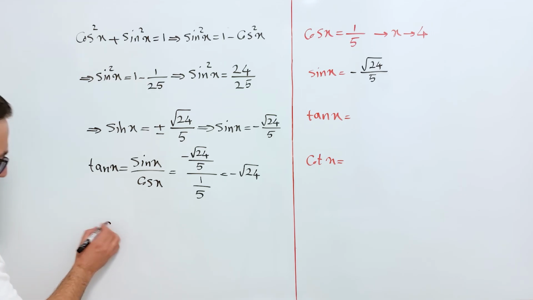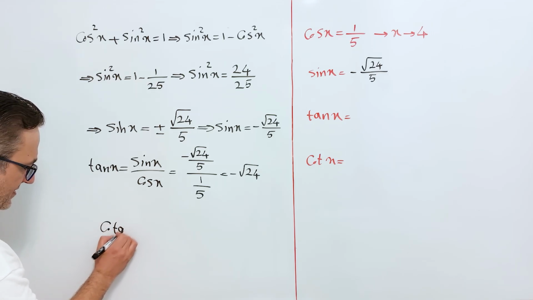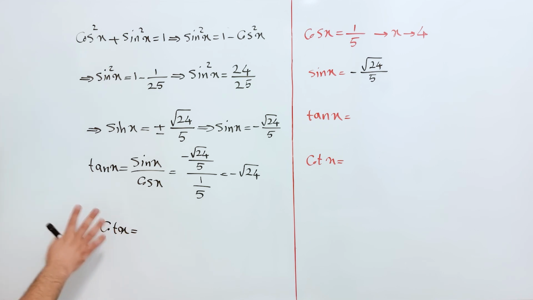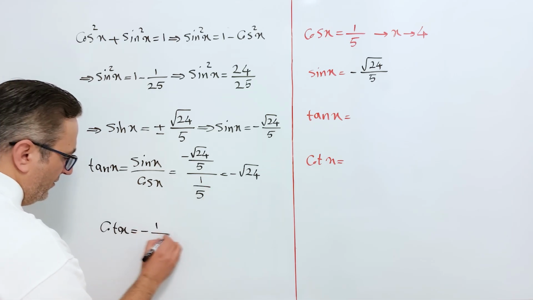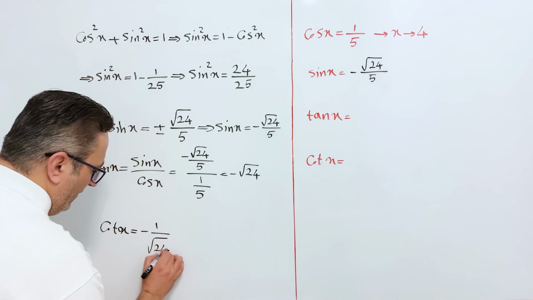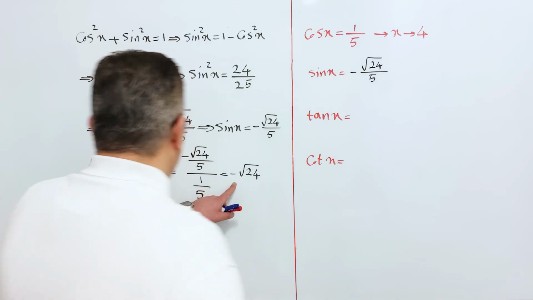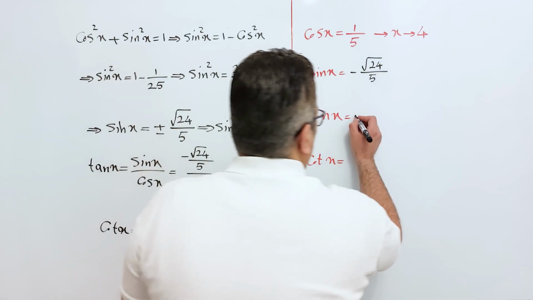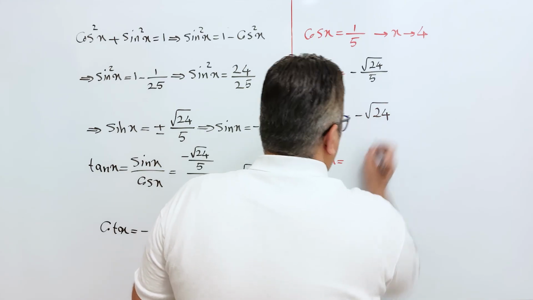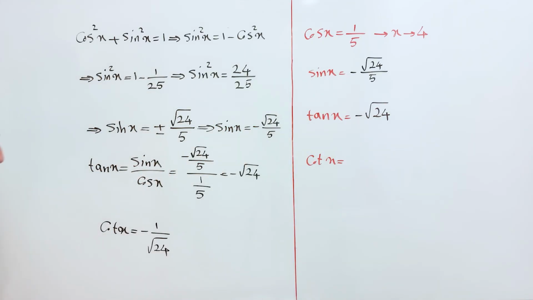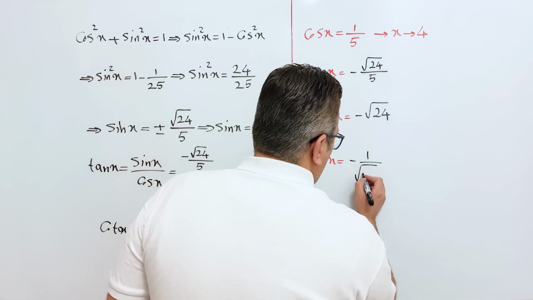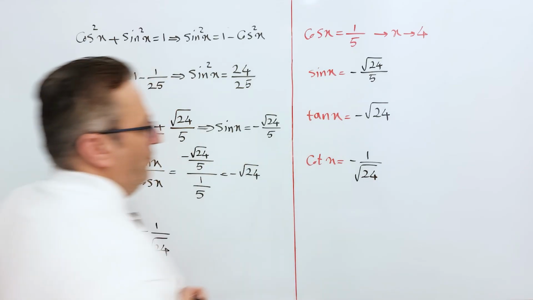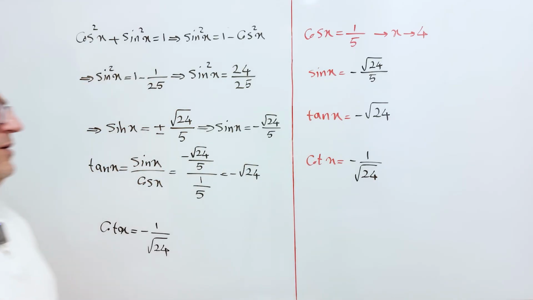And finally, we know that cotangent x is the reciprocal of tangent, so it is equal to 1 over the square root of 24. So tangent x is equal to minus the square root of 24, and cotangent x is equal to minus 1 over the square root of 24. Okay?